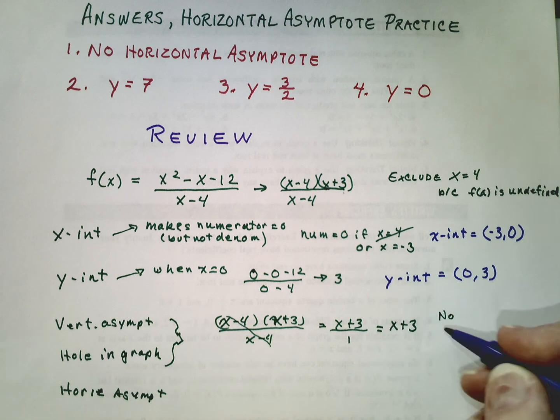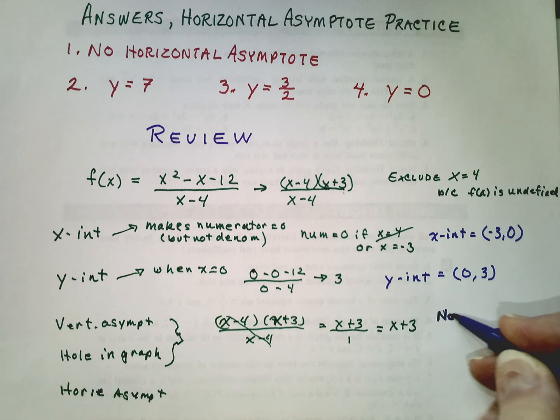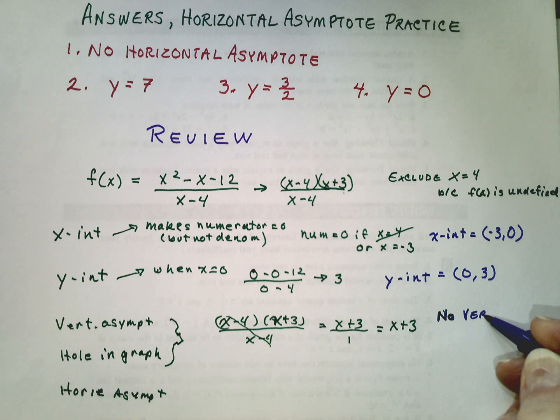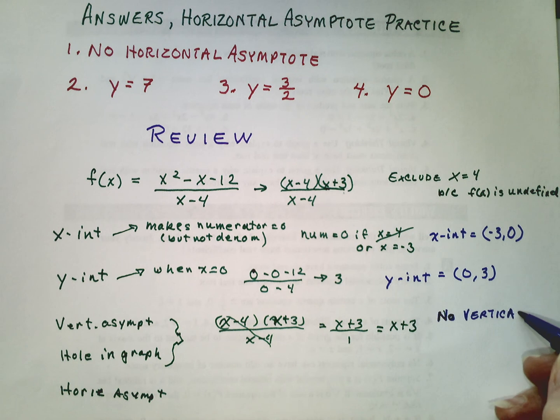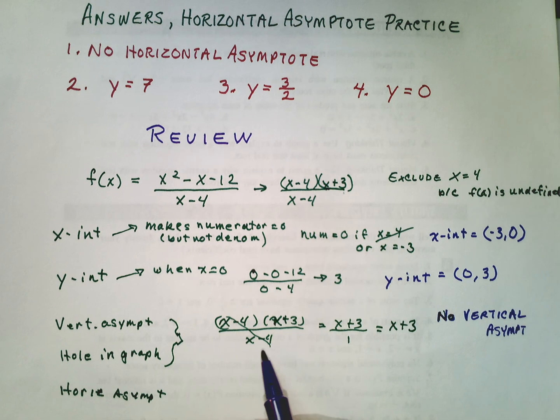which I was supposed to put in a different color. Because once we canceled out that x minus 4, we don't have any values that make the denominator equal 0. So there's no vertical asymptote for this particular function.